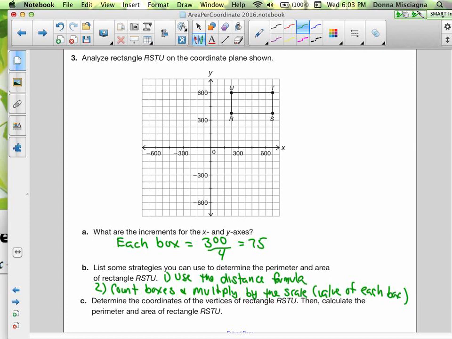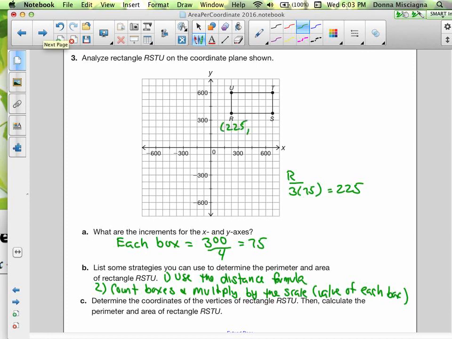All right, so R here. Right, so if I look, I'm 1, 2, 3 boxes. Right, so if I take 3 times 75, that means the x coordinate for R is going to be 225.